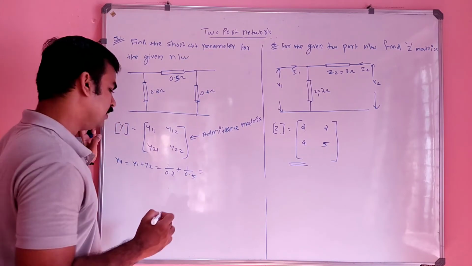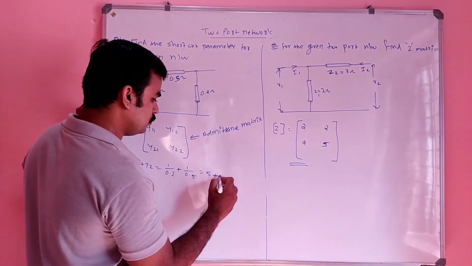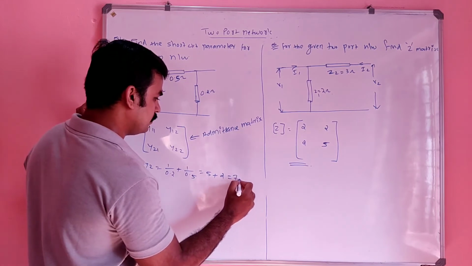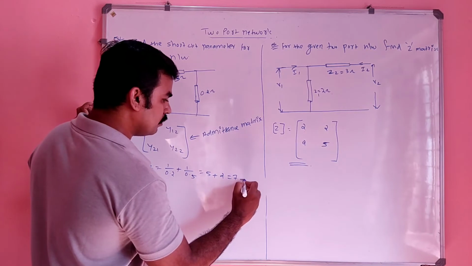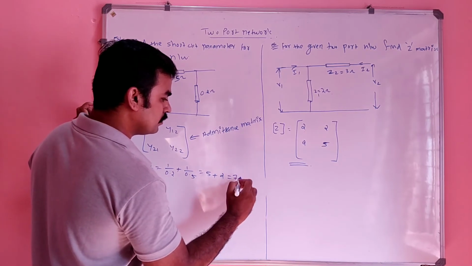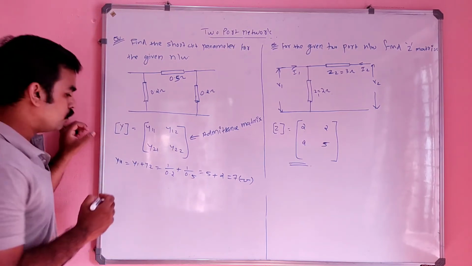What will be the answer? 1 by 0.2 is 5, and 1 by 0.5 is 2. So Y11 is 7 mho, or ohm raised to minus 1.